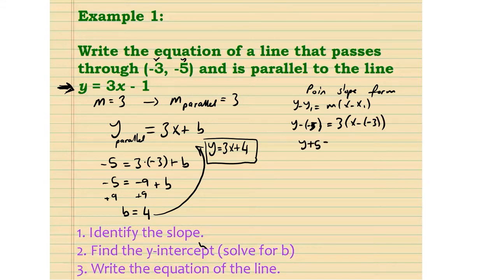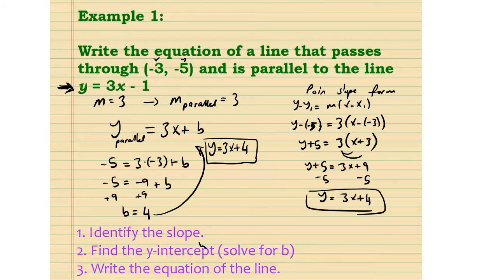Y plus 5 is equal to 3 times x plus 3, and due to distributive property, y plus 5 is equal to 3x plus 9. Subtract 5, y is equal to 3x plus 4. We found the same equation in either way. You can use the slope-intercept form or point-slope form to find your equation.